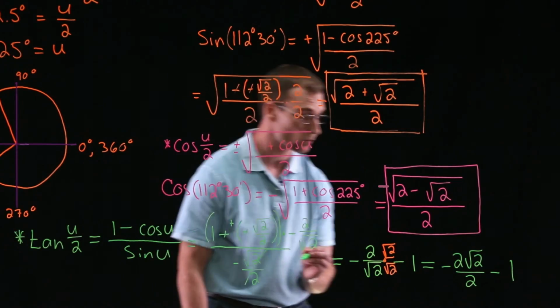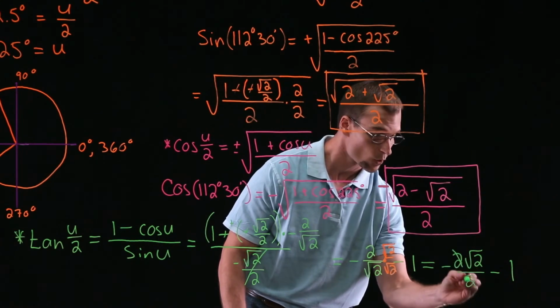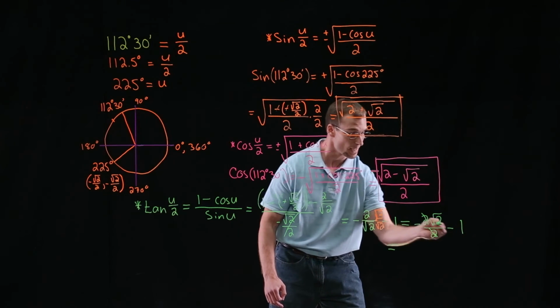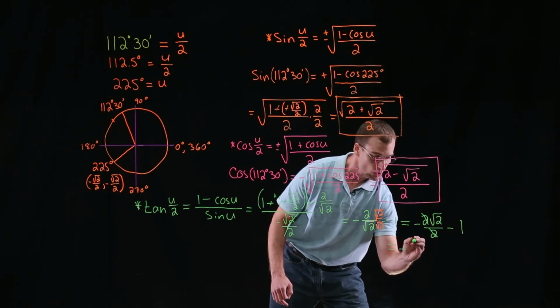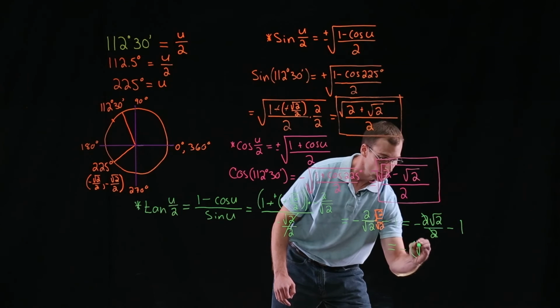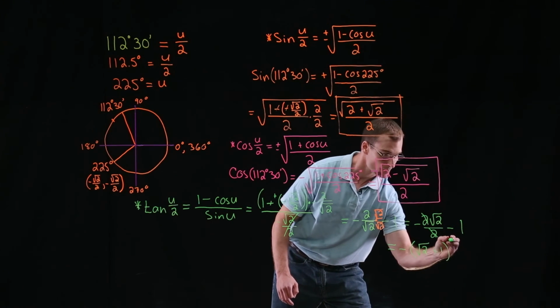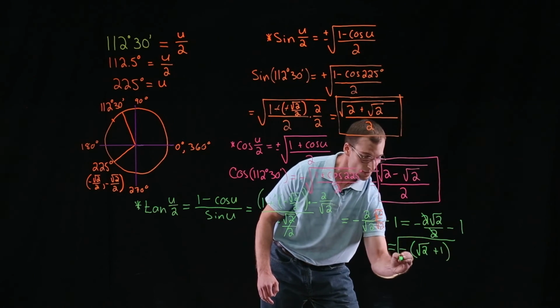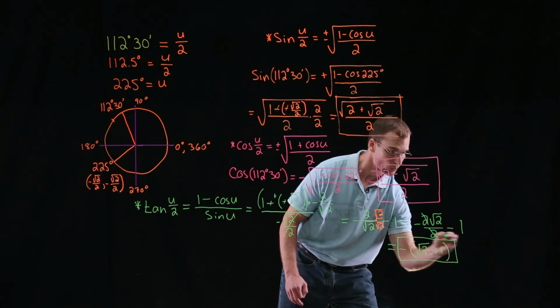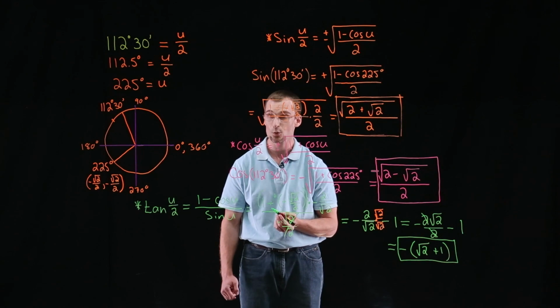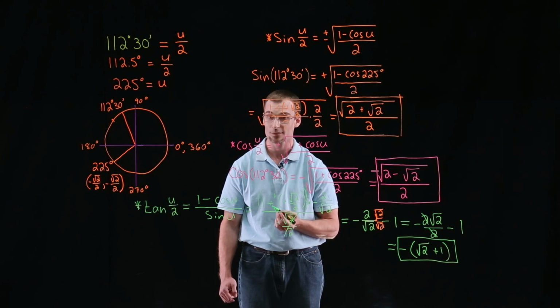And one last simplification we can do is notice that our 2's will cancel. And if we want to, we can factor a negative all the way to the outside. So we'll have minus the quantity square root of 2 plus 1, which is equal to our tangent of 112 degrees and 30 minutes. Thank you very much.